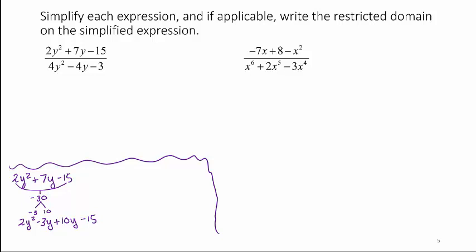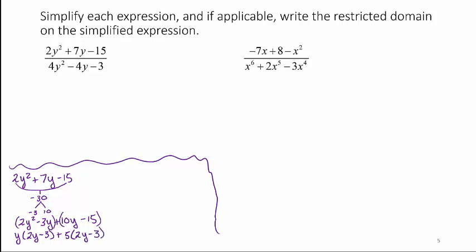Okay, so I just rewrote the middle term with the negative 3y plus 10y, and then factor by grouping, right? So if you take a y out from that first group, we have y times 2y minus 3, and then down below, what can we take out of that? We've got 5 times 2y minus 3, right?